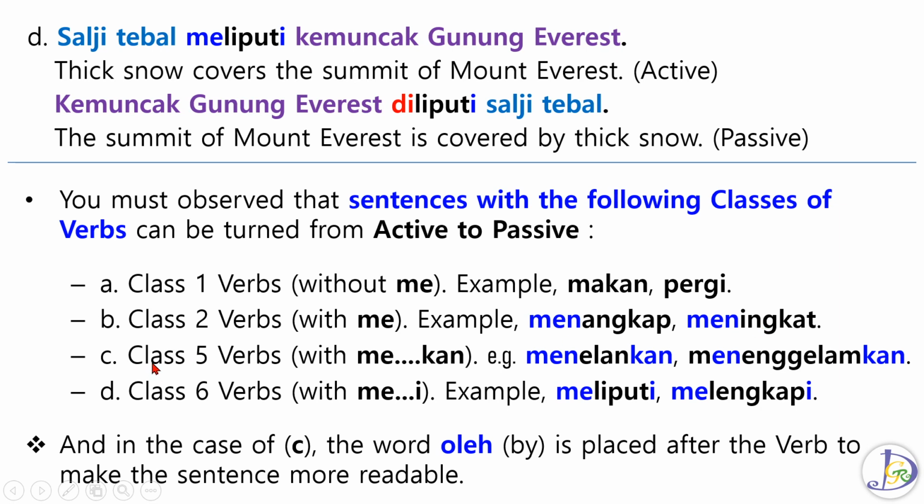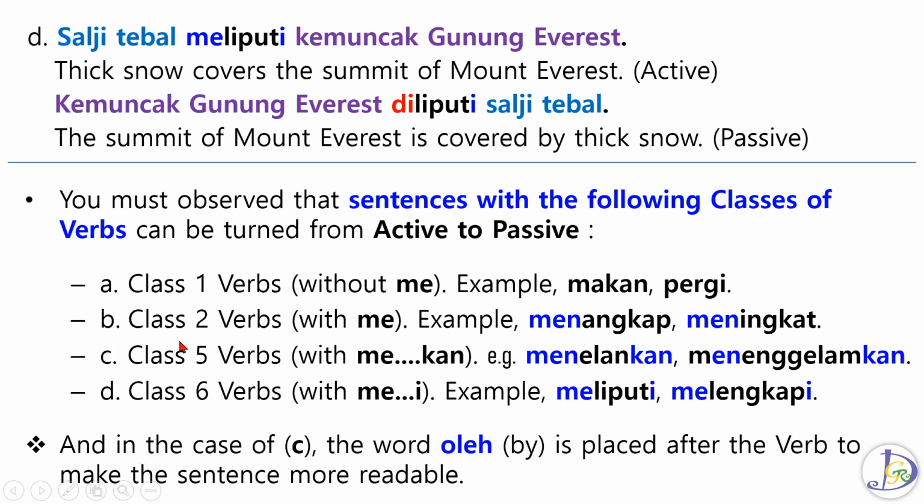C. Class 5 verbs with prefix me and suffix kan. Example, menelankan, to swallow. Menenggelamkan, to sink. D. Class 6 verbs with prefix me and suffix i. Example, meliputi, covers, melengkapi, to complete.